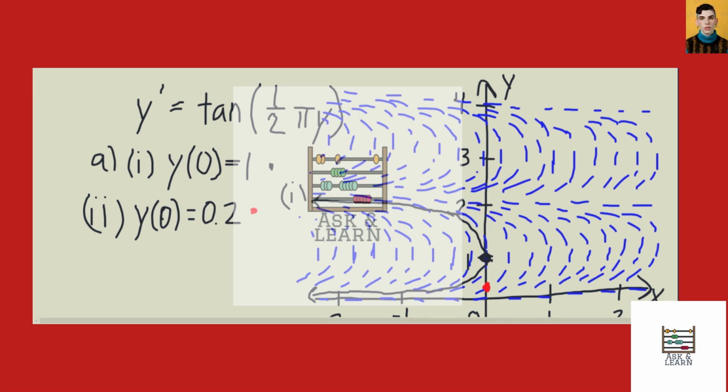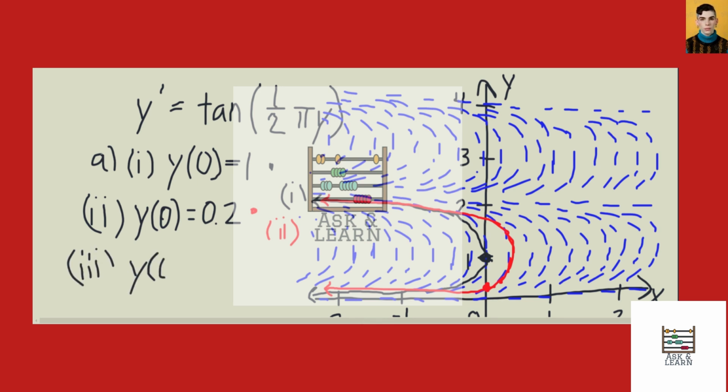And again, following the slope field, nearly parallel, we get another parabola-like function, sort of a horseshoe shape, which has asymptotes at y equals 0 and y equals 2. And it looks a lot like the graph from part 1, except it's been shifted over by a few units. It's by 0.2 units, hard to say.